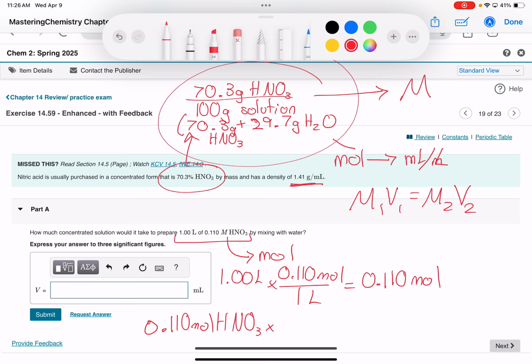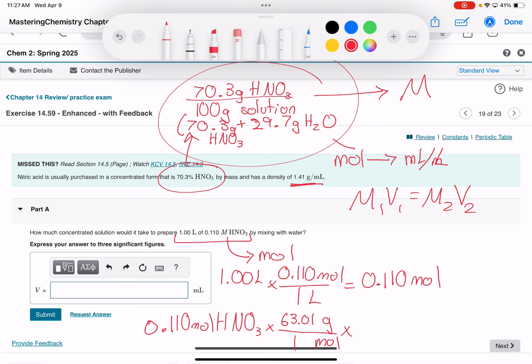So I'm going to have to go from moles out to grams to use that, which is a little bit unusual. So I do need the molar mass of nitric acid, which is 63.01. And you would have had to use that if you'd gone to molarity as well.